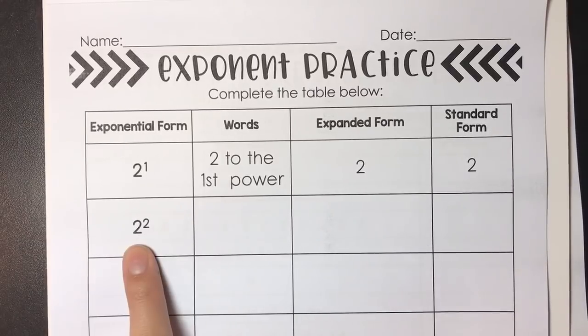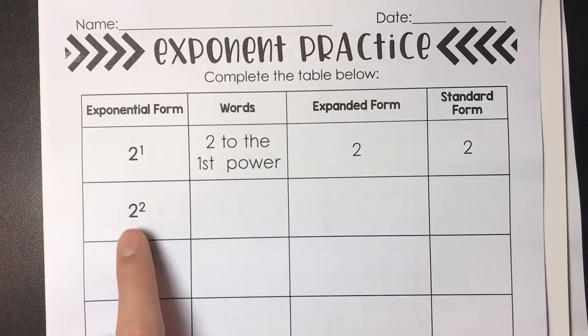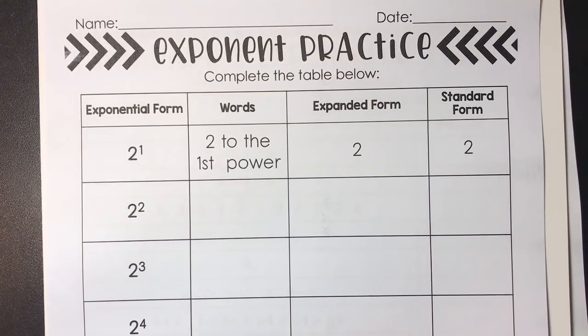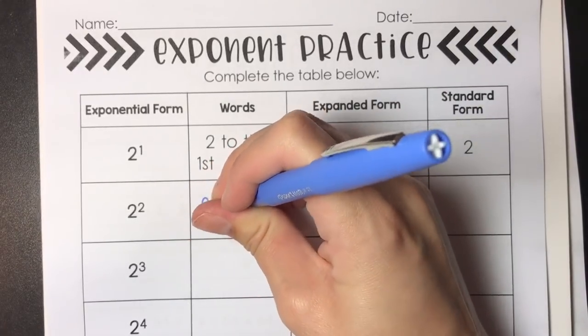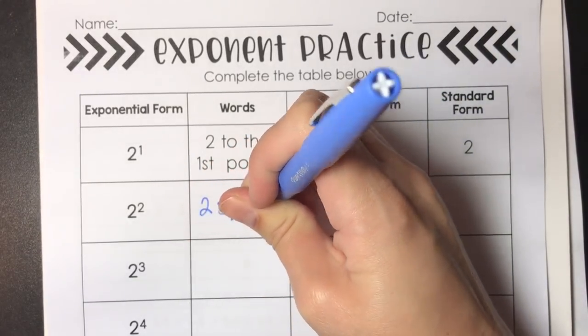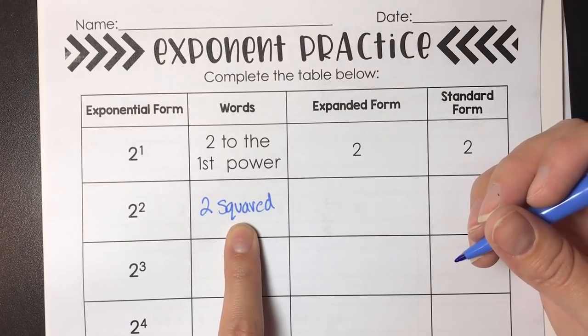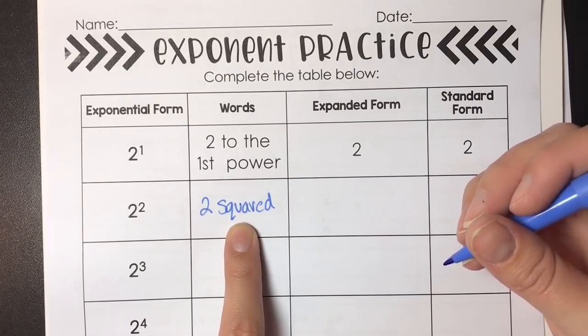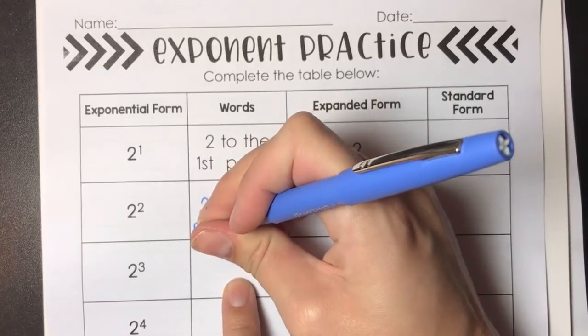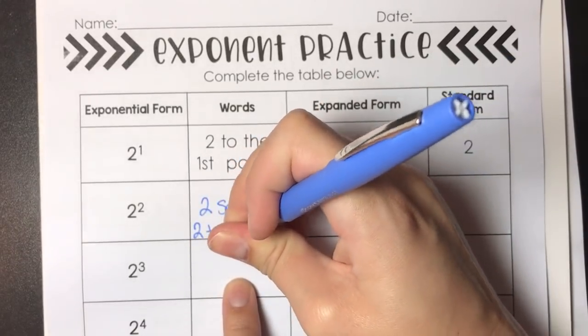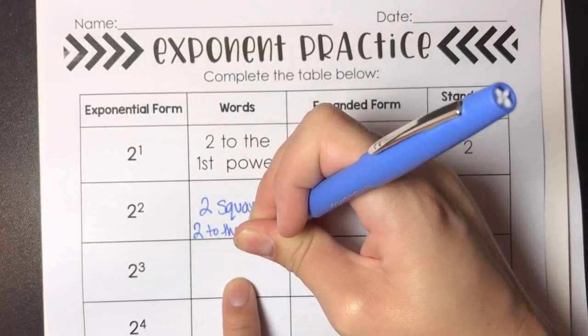Now here I have a 2 as the base and a 2 as the exponent. That would mean it is now 2 squared. This is the form we want to get to more often. It's more mathematical. You can also say 2 to the second power.